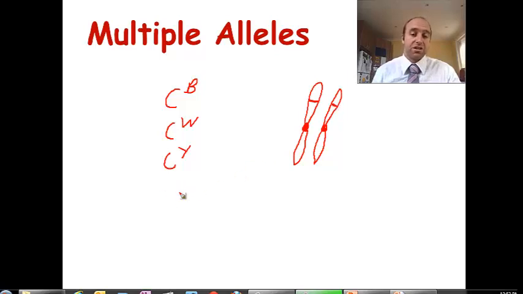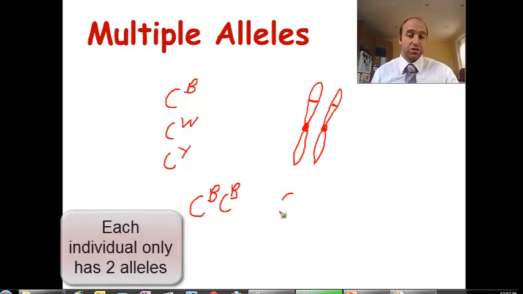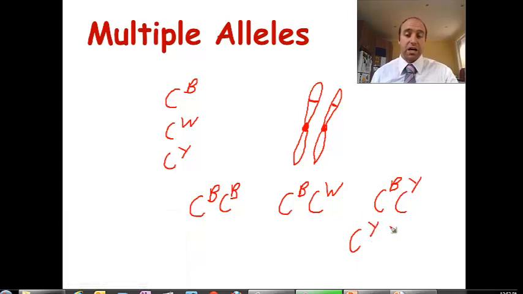So we could imagine that in this case here are different genotypes. We could have a black individual, an individual which was a combination of black and white, an individual that was a combination of black and yellow, or an individual that's a combination of yellow and white. And there's a whole lot of variations of the combinations we could get.